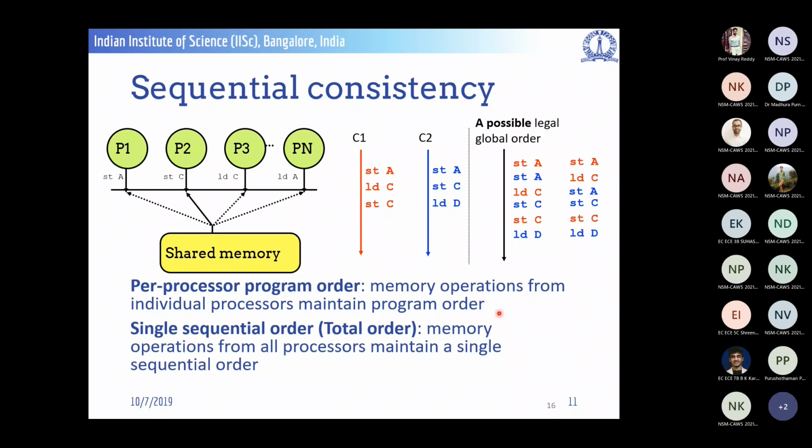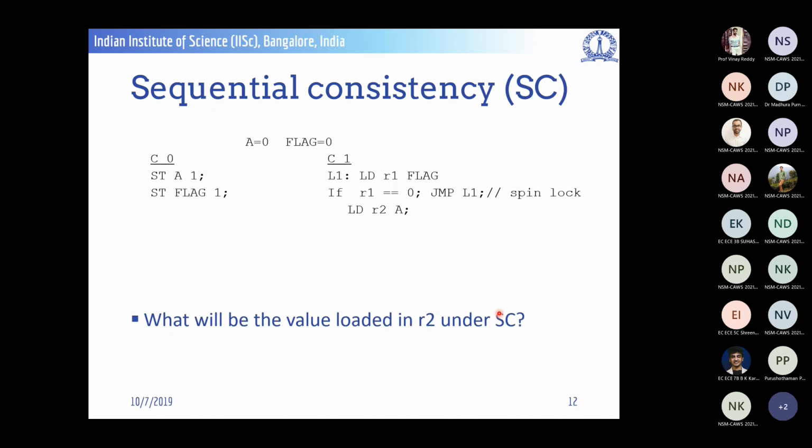But it will impact how multi-threaded applications behave. For example, let's go back to our example here. If the system is sequentially consistent, you can quickly see that the value loaded into R2 will always have to be 1.